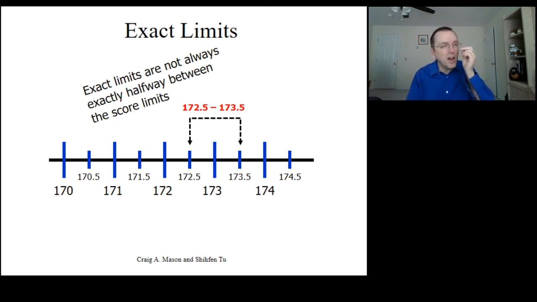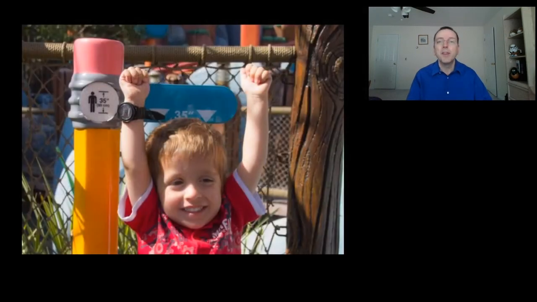But not always. It doesn't matter if this kid's height is 34.999 inches. He ain't getting on that ride if he's not 35 inches or more. In this case, when they say 35, they mean exact limits of 35.000 or more. 34.5, and he is stuck watching his big sister have all the fun.